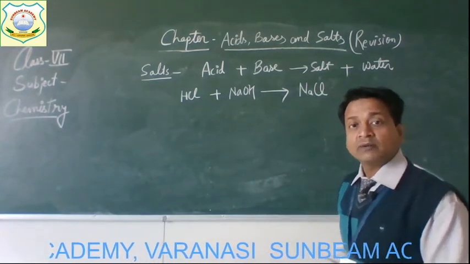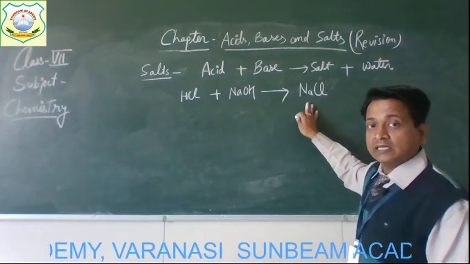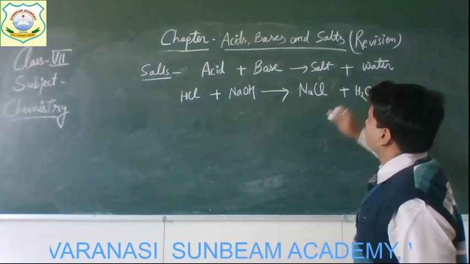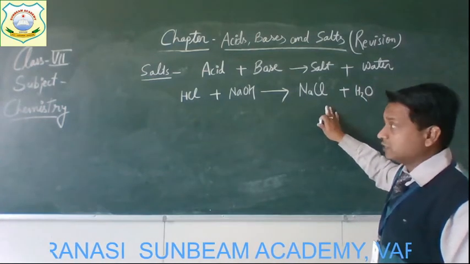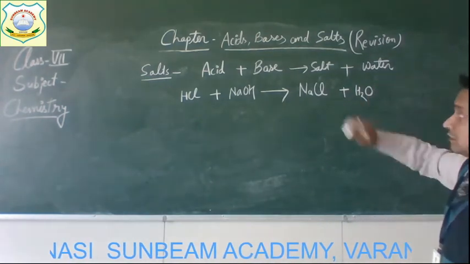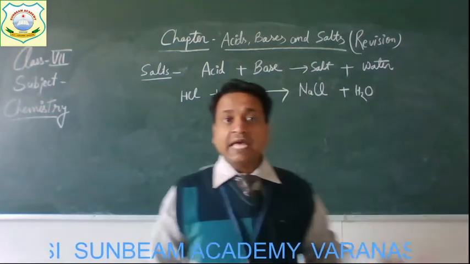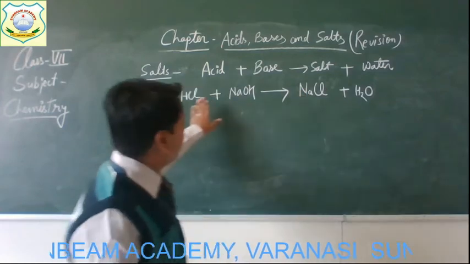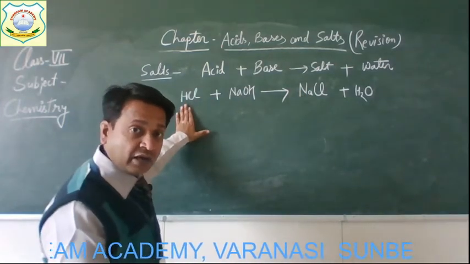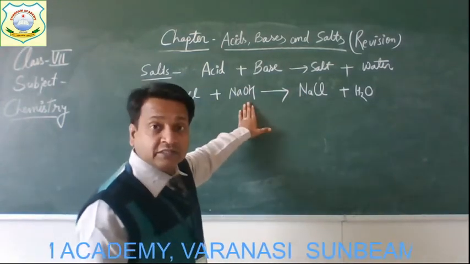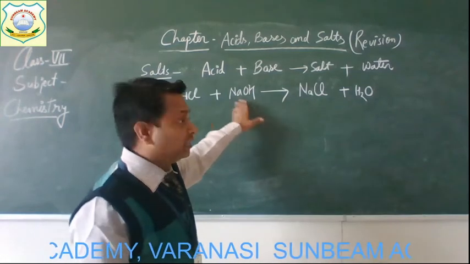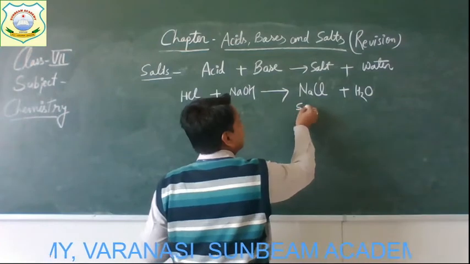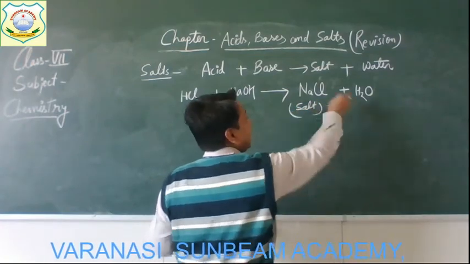The formula of sodium chloride is NaCl. And along with it, water also forms. Alright, children? Get it? So this is an example of a salt which forms when an acid, that is hydrochloric acid, and a base, that is sodium hydroxide, react together. So it forms a salt, sodium chloride, and water.